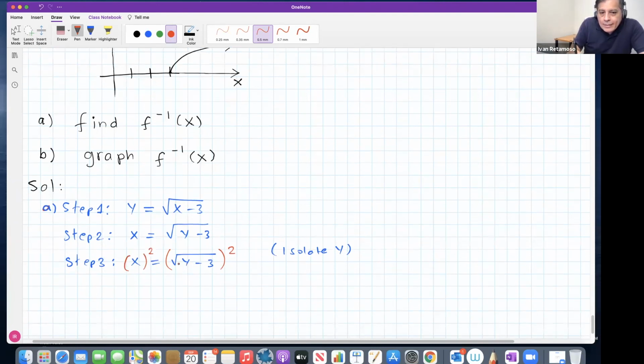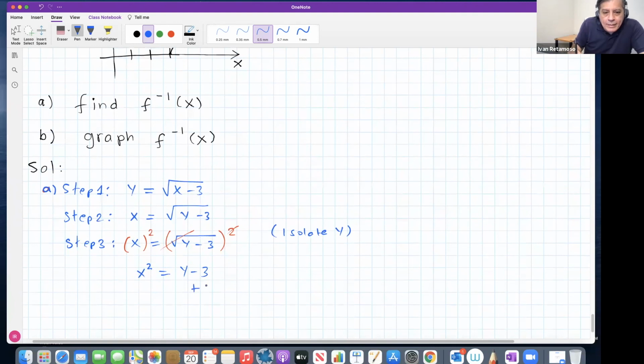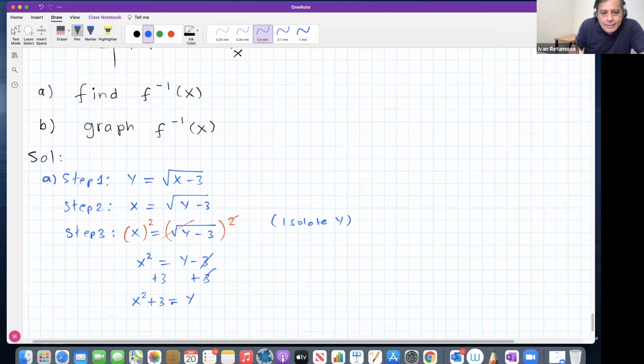So these two are going to cancel the square root. And then here I will have y minus 3 equal x squared. And finally, adding 3 to both sides of this equation, I will get that y is equal to x squared plus 3, okay?